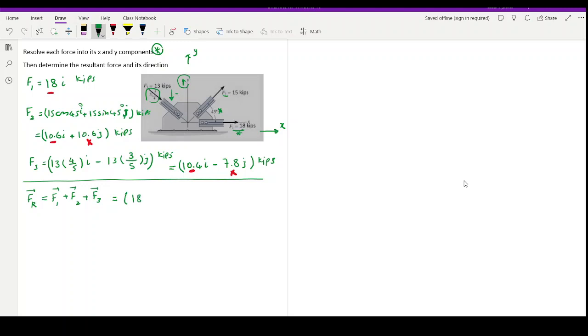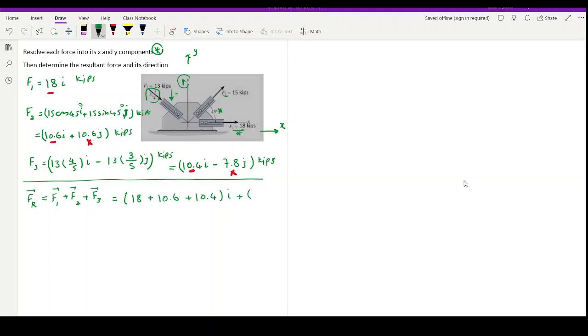So from the first force, F1, we have 18, from the second force or from F2 we have 10.6, and from the third force or from F3 we have 10.4, and these are the i components of our force. And then we have to add the j components.